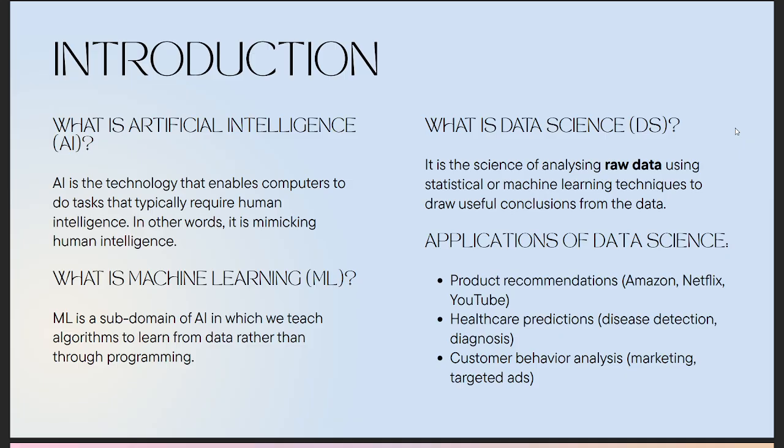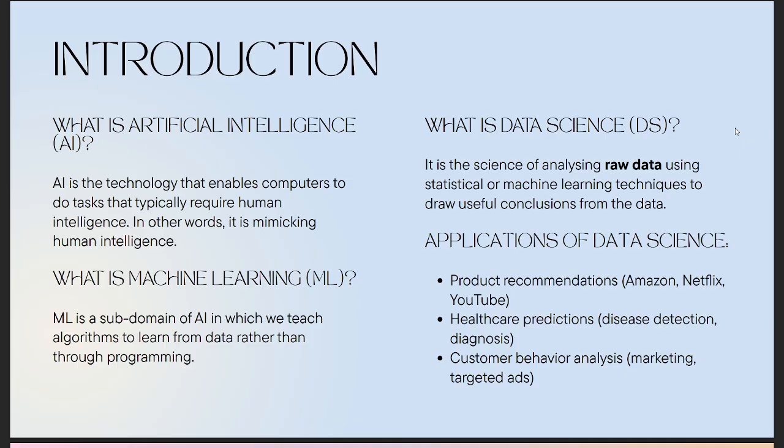Data science finds its applications in many fields. For example, we all use e-commerce websites like Amazon, Flipkart, and we all use platforms like Netflix, YouTube, Prime Video. So they recommend us what to buy, they recommend us what to watch. These are all examples of data science.